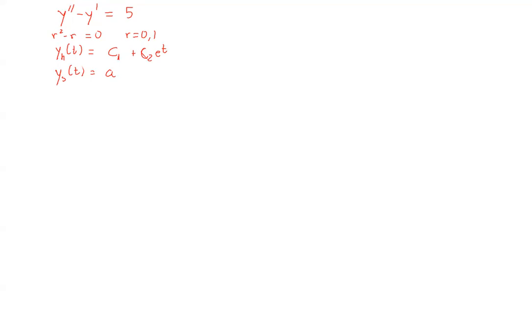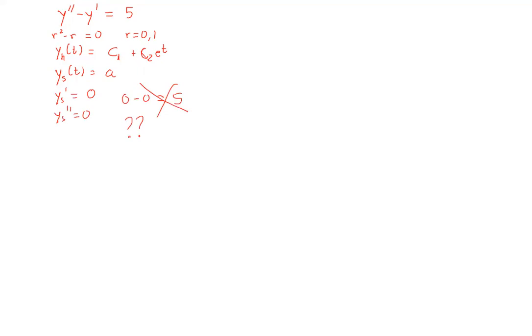Because the generic polynomial of degree 0 is just a constant. Yeah, but then you have that ys prime is equal to 0 and ys double prime is equal to 0. And you will get 0 minus 0 is equal to 5. Good luck with that. There's nothing to be found here. So let me put 2 question marks here.